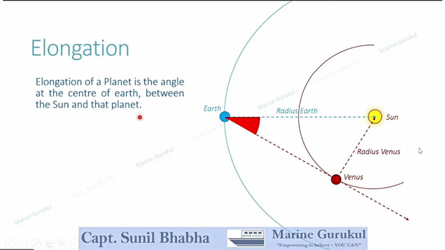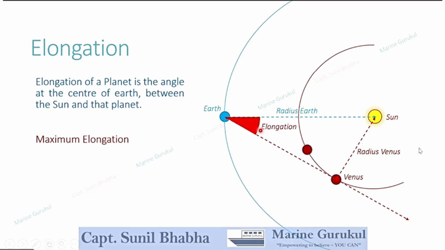Now as Earth and Venus are moving with different orbital speeds, different angular velocities in their orbits, their location with respect to each other will keep on changing. The planet Venus could be at any particular elongation depending upon what is its position in its orbit. Let's assume that planet Venus is at this particular position here.